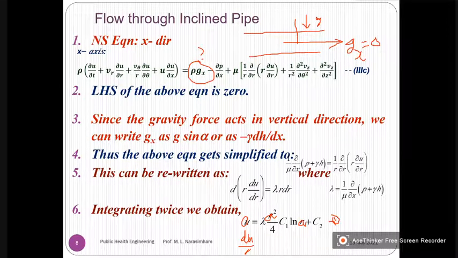So, the derivation for a horizontal pipe is simpler. The only difference between a horizontal pipe and an inclined pipe is the presence of this. In the case of an inclined pipe, you will get this additional term. That is the only difference.